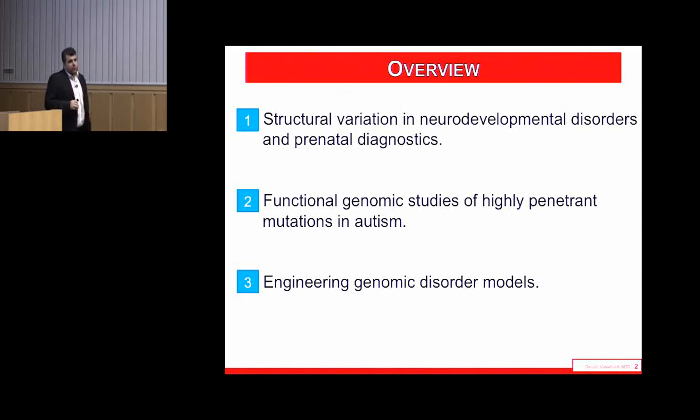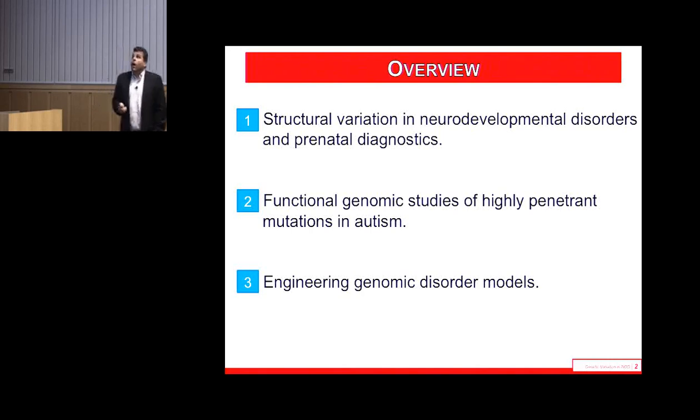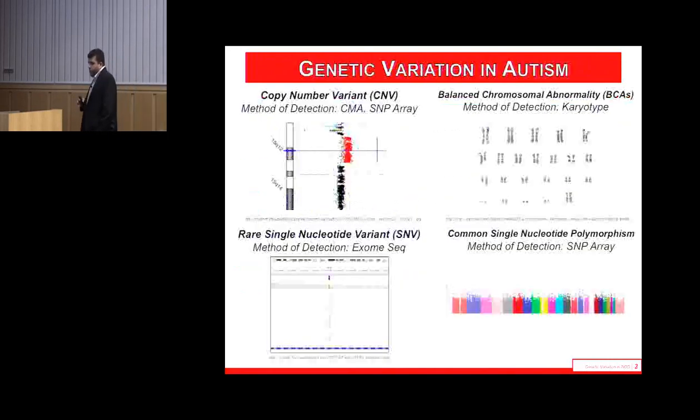So, we've finally gotten to this point where we can start asking questions of these genes that we've been discovering in autism and neurodevelopmental disorders. How can we really understand what they do, and can we find convergent final pathways that they affect? And then finally, engineering genomic disorders, which is very new, and we are just generating the data. Some of it literally just came off the machine a couple weeks ago. So it's about half published stuff, and then the other half completely unpublished, and we'll see how it goes.